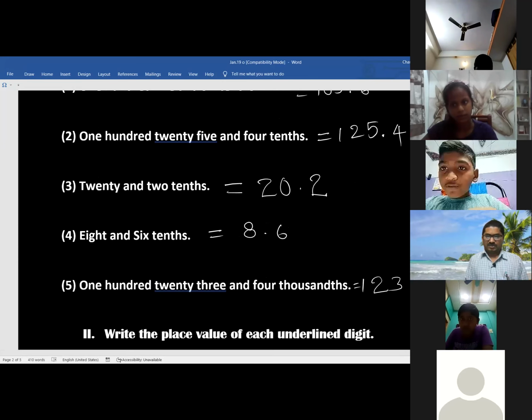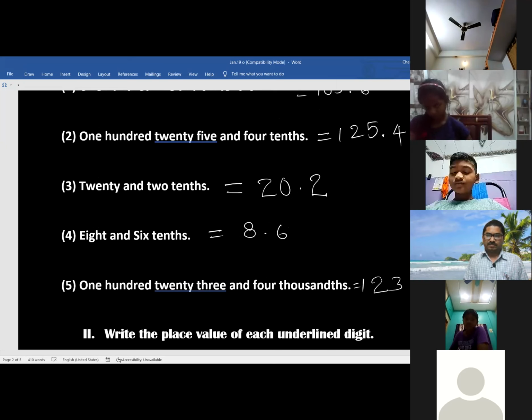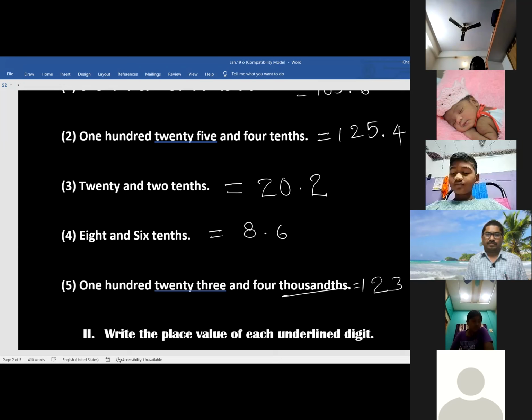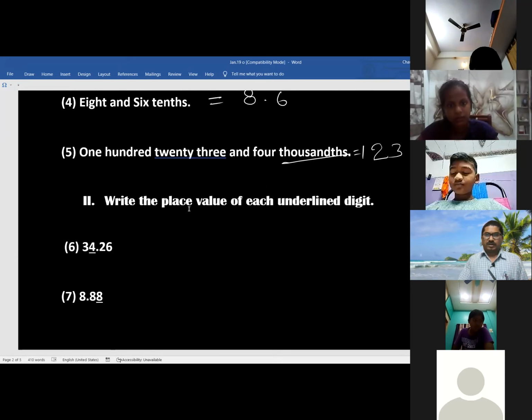Because there are no tenths and no hundredths. Here thousands are given. So that's why 123.004. Yes. Okay, Rakshit, very good. Well said.